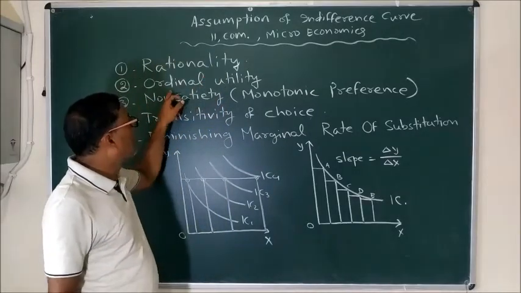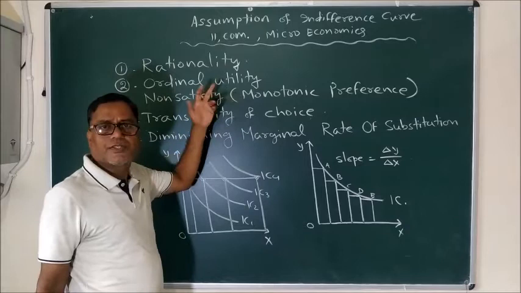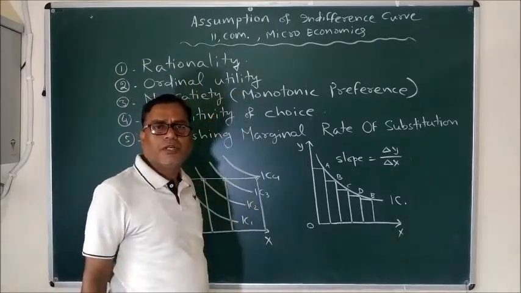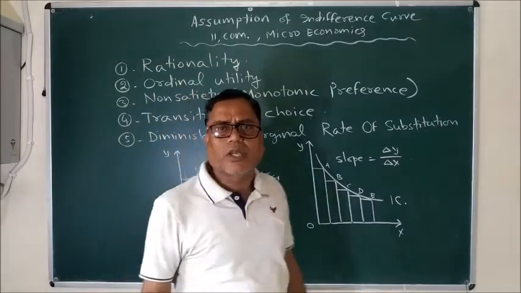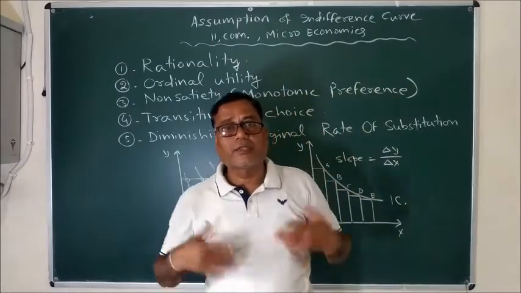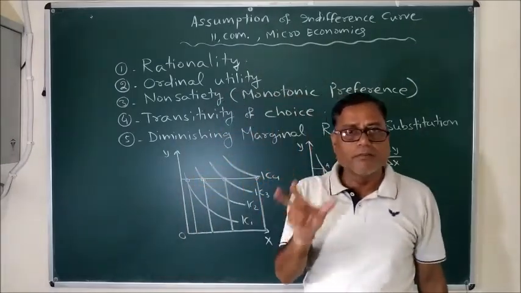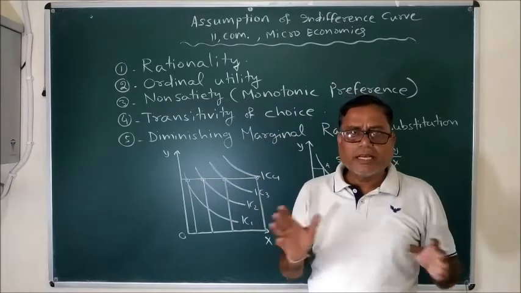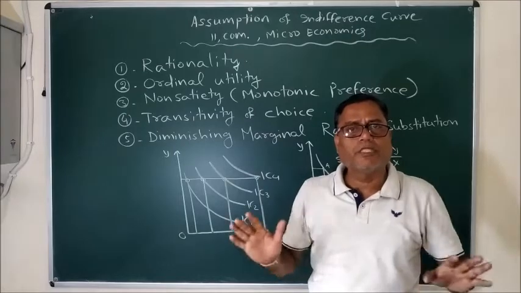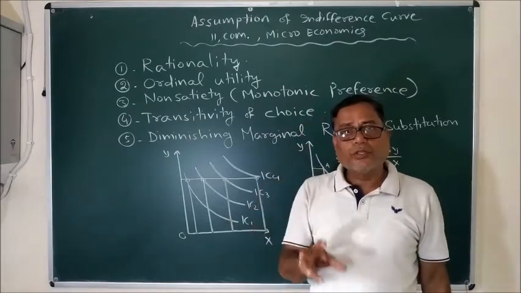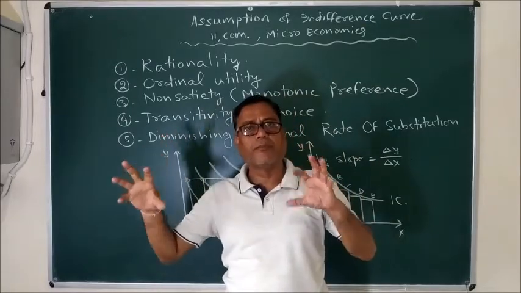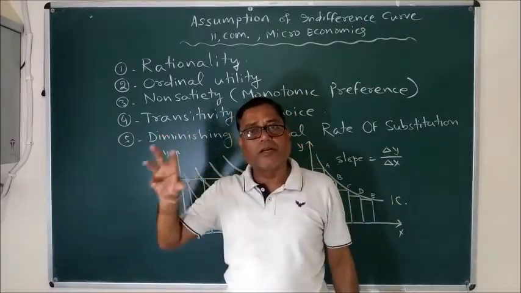The second point is ordinal utility. As we discussed yesterday, in the indifference curve approach it is assumed that utility is subjective in nature and cannot be measured and expressed in terms of a number and a unit. So numerical measurability of utility or satisfaction is not possible, but we can rank the utility that we derive from the consumption of different combinations of goods in a definite order.